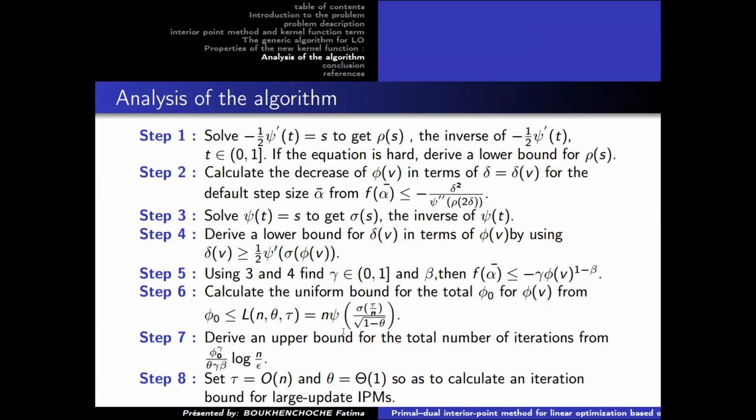Step 7, derive an upper bound for the total number of iterations from this formula. Step 8, and the last one, set tau equal big O of n and theta equal big Theta of 1, so as to calculate an iteration bound for large update IPM. This is what we need.